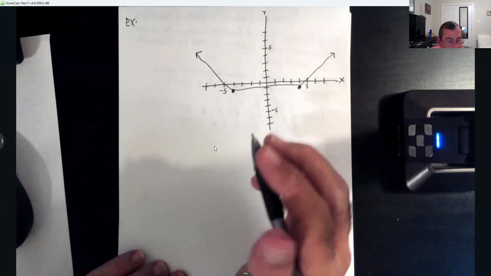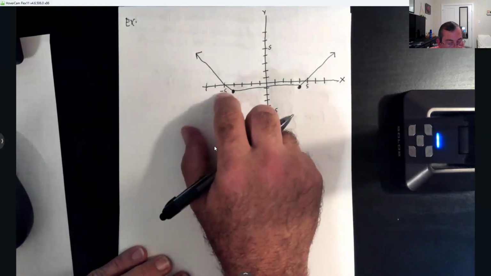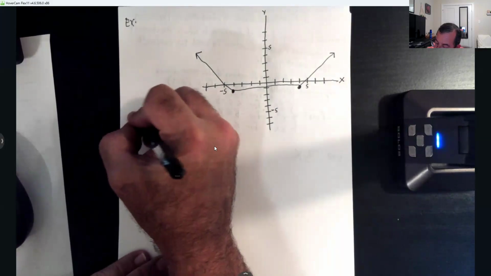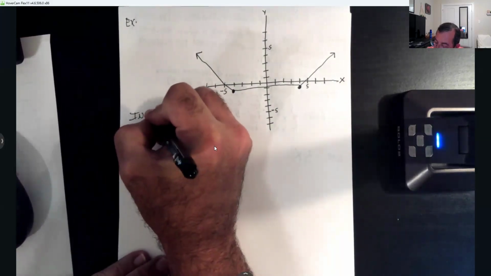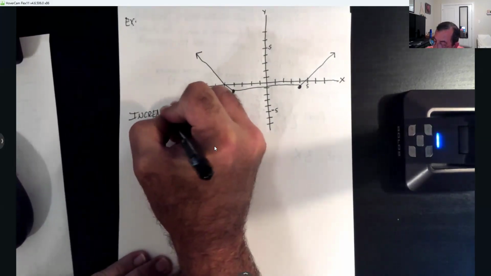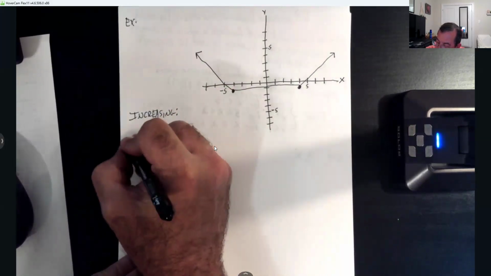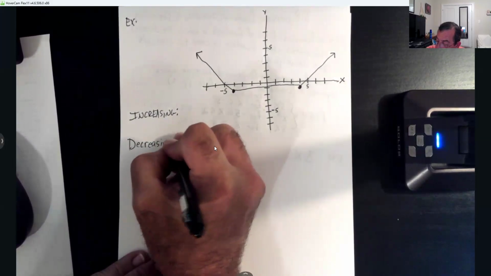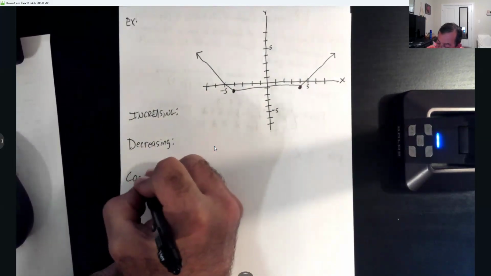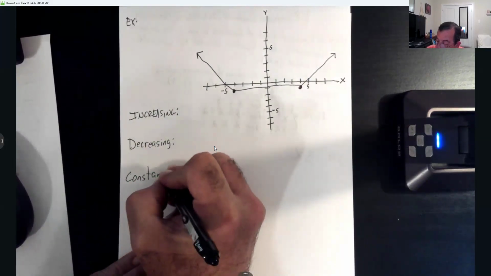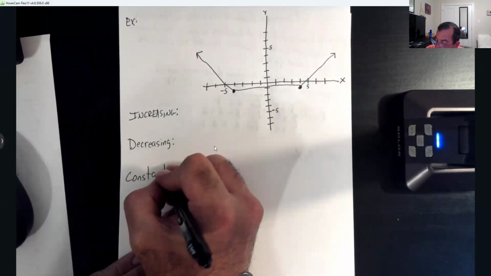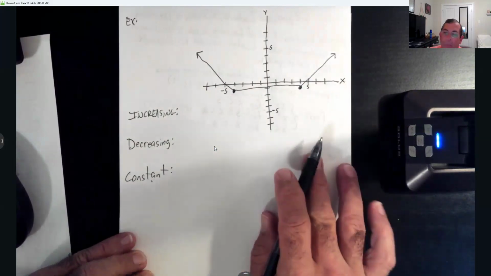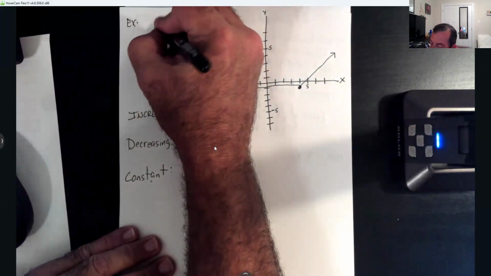Okay? Now, this one wants us to find the increasing, decreasing, and constant. So really, like we did on the last section a while ago, except now we got a new one called constant. Now remember, you read the graphs left to right.